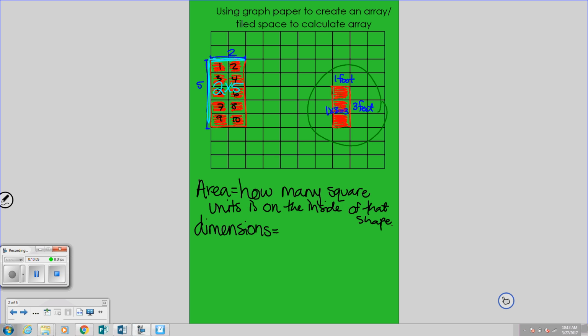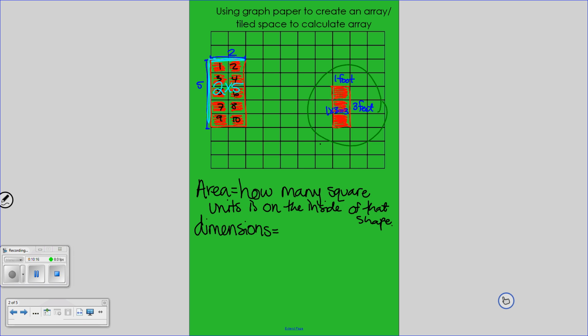Talking about length and width. Dimensions is all about how long and how wide. So, for example, if I'm looking at my equation right here, my dimensions are 3 feet by 1 foot. It's all about length and width.